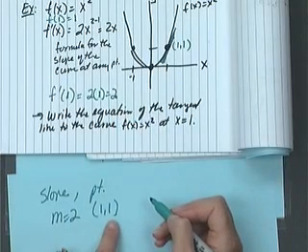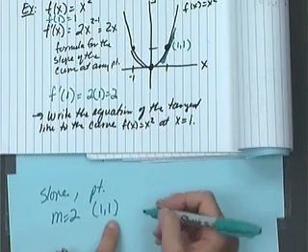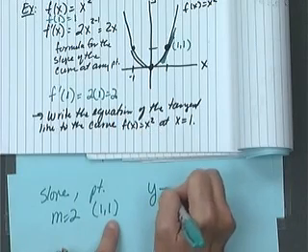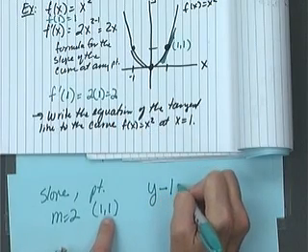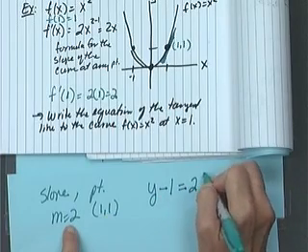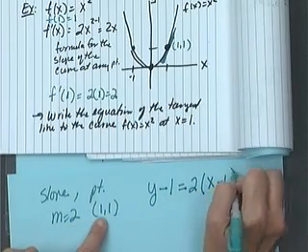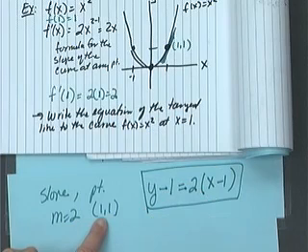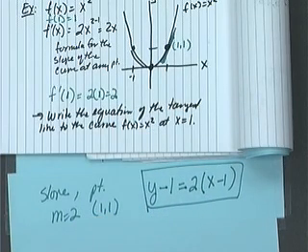And if we use point slope form, life is easy. What's it going to be? y minus 1, that's the y coordinate, equals slope times x minus 1. That's a perfectly great equation of a line. If you want to rewrite it as y equals, go for it. But that's a perfectly great equation of a line.